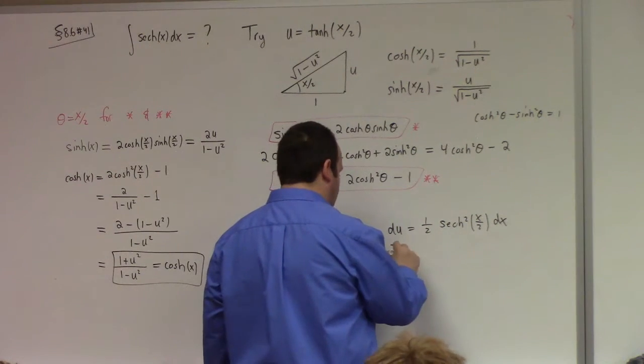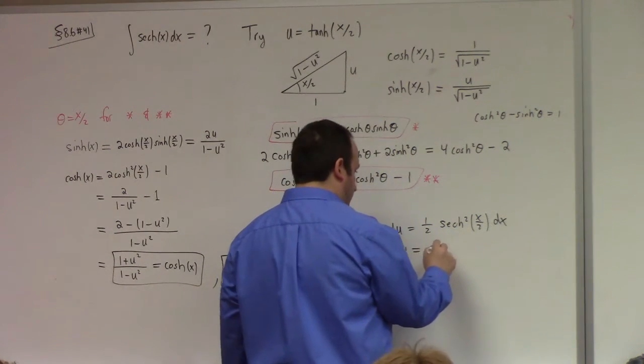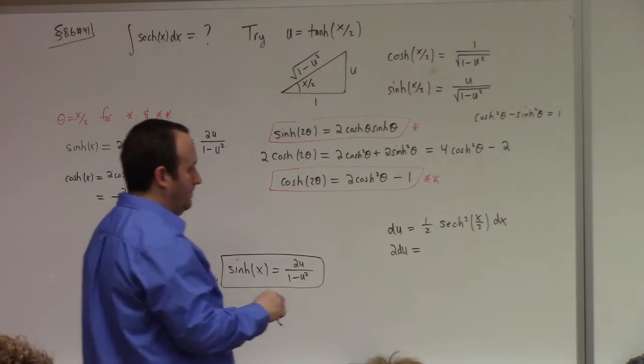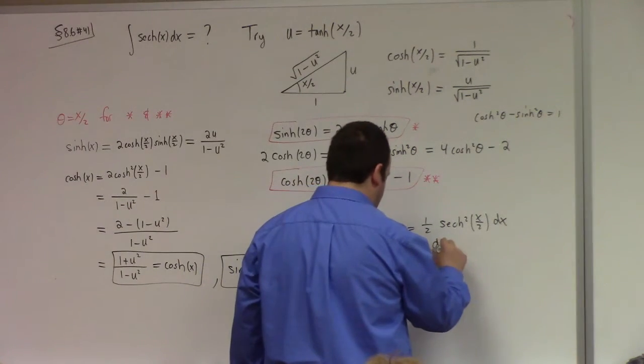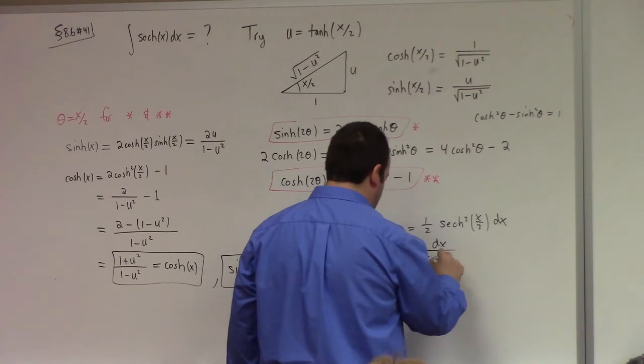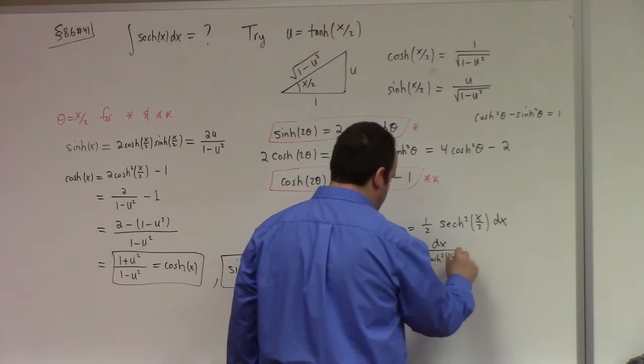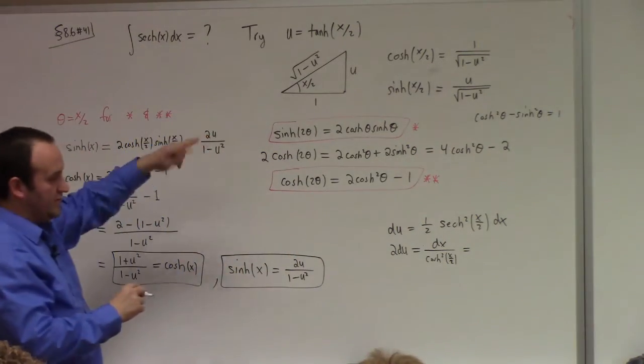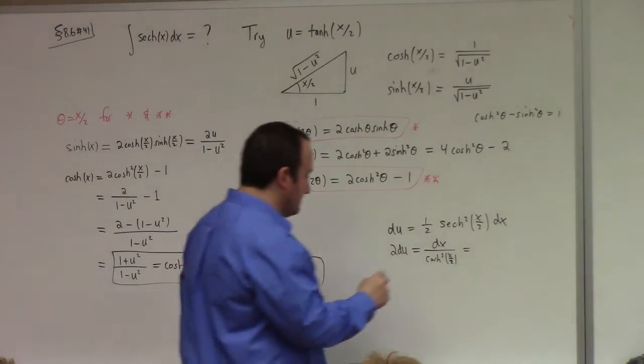So that means 2 du is equal to, and let's see, hyperbolic secant squared is what? Yeah, dx over cosh squared of x over 2, which is, well, multiplication by 1 minus u squared.